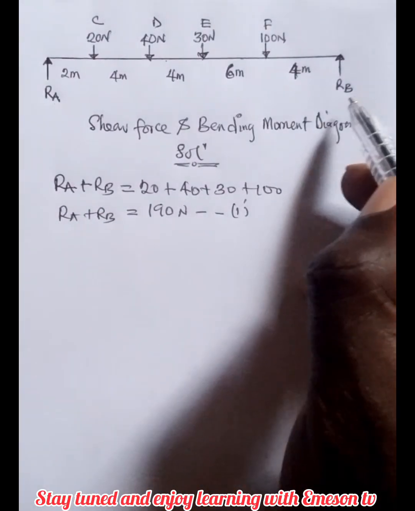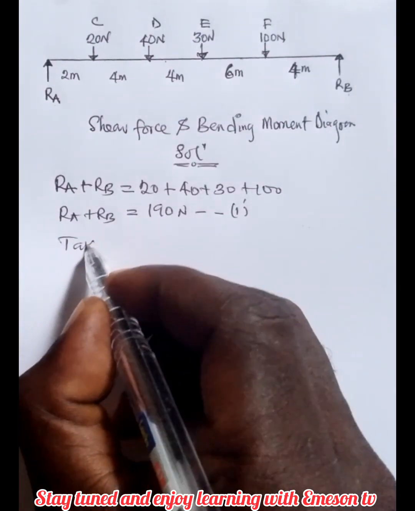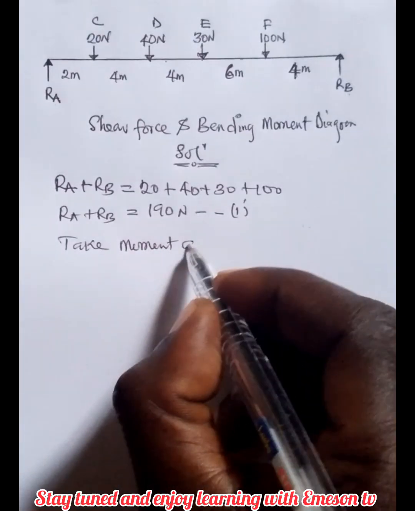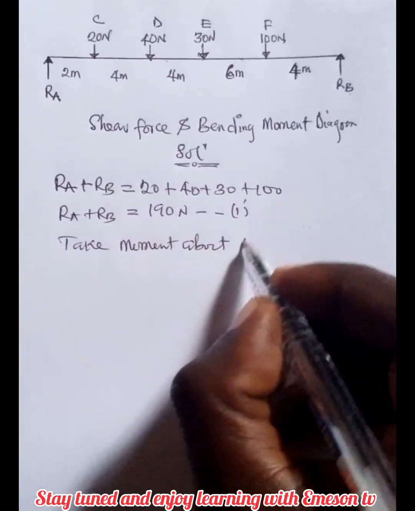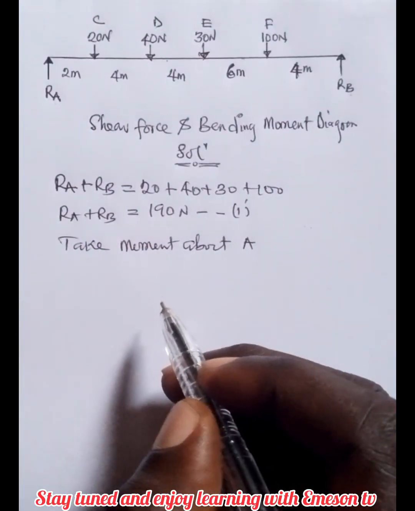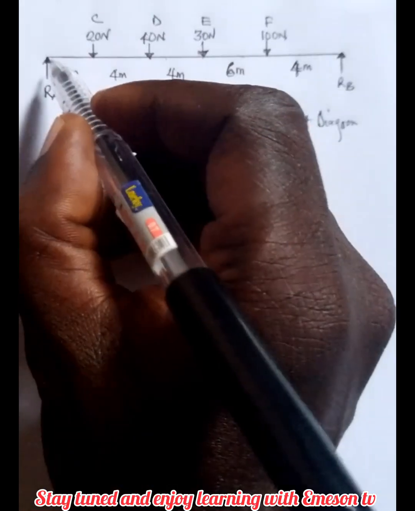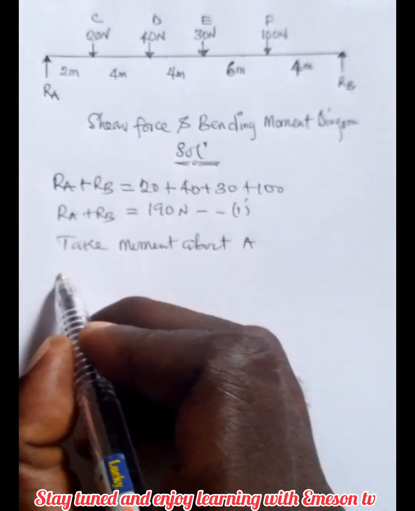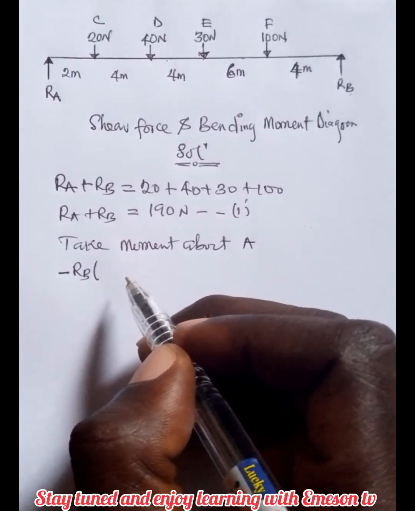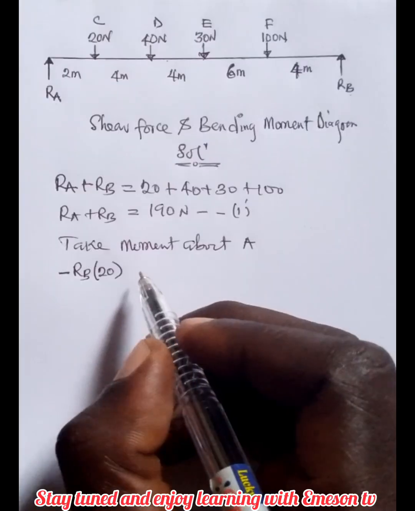So for us to get B, let's take moment about point A. So if we take moment about point A, let's start with B. It means that B will act in this direction, while A will act in this direction. So we have minus R_B multiplied by the length, summation of all the length is 20.